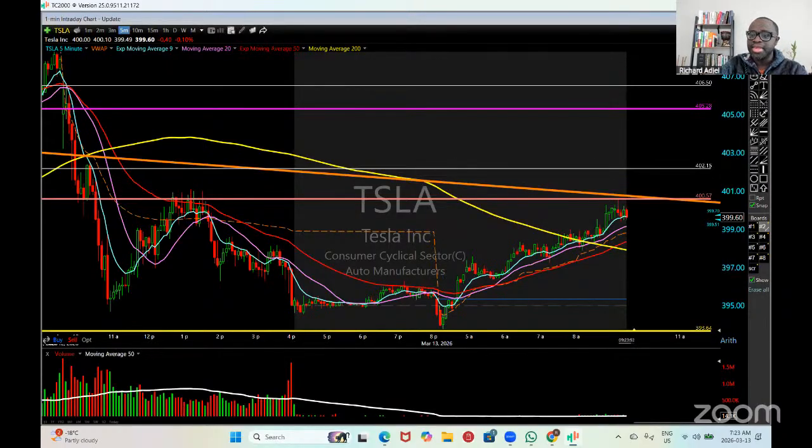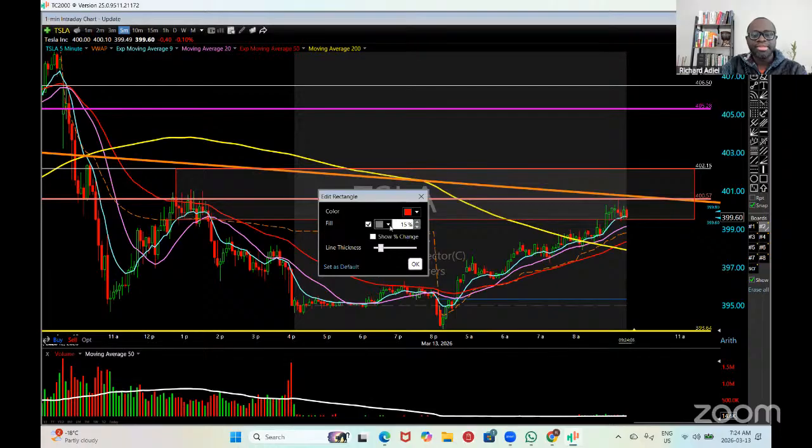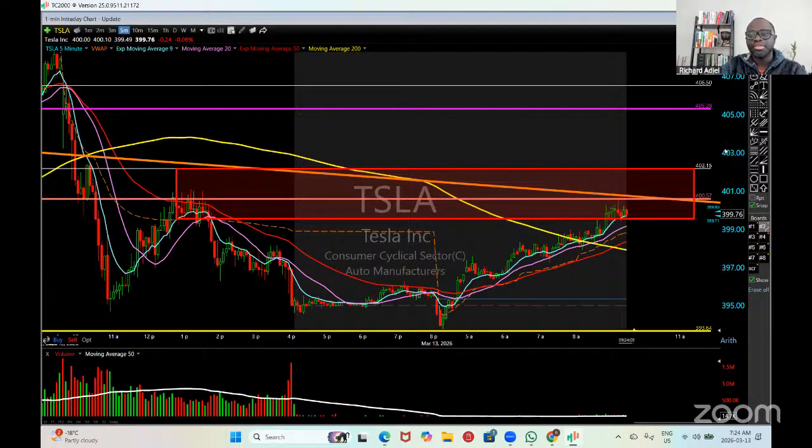And so this area here for now is going to be my supply zone. With Tesla, usually you want to give it some room. Let's give it this area, right? So it means that price can pop and then fake out and then hold this area, and then this area is going to be my demand zone.